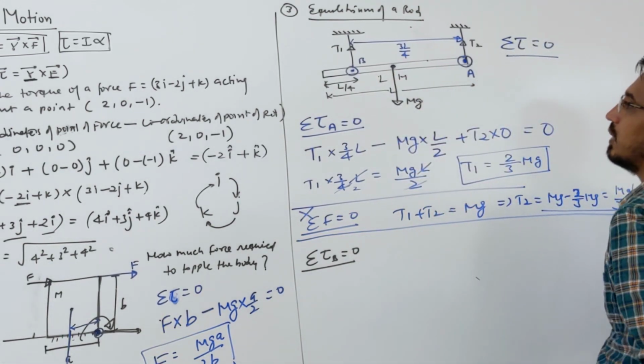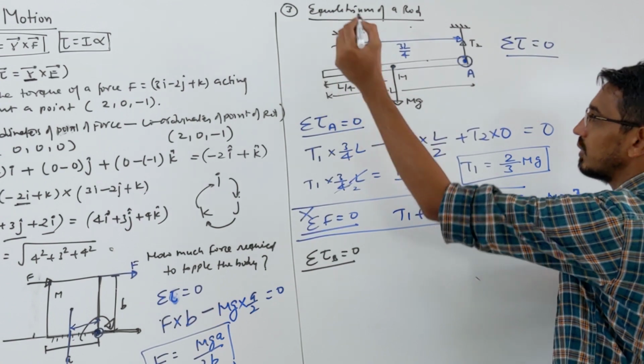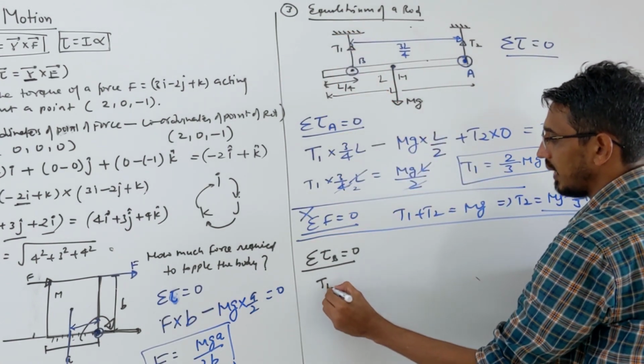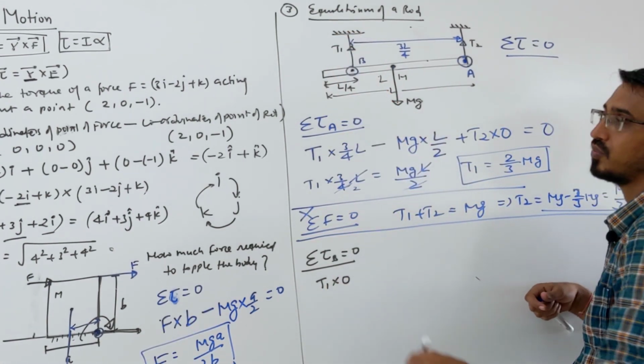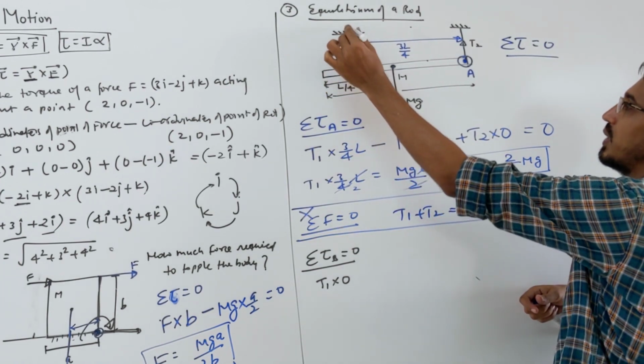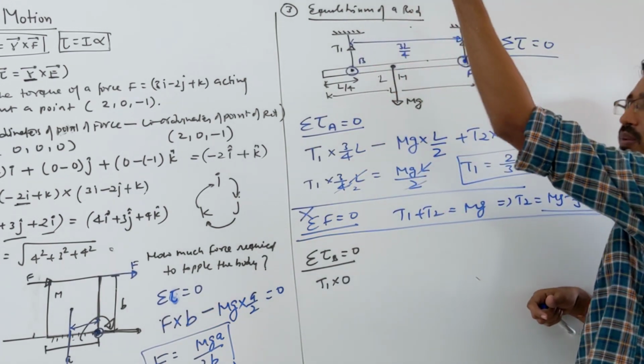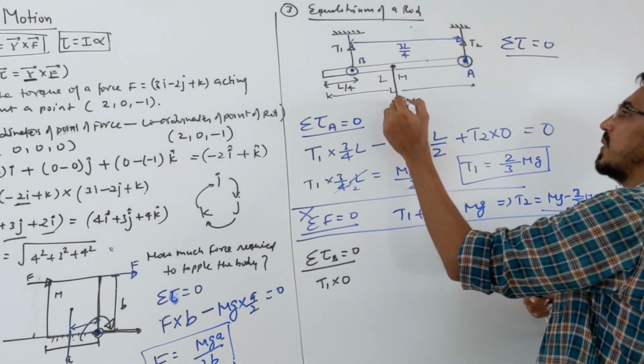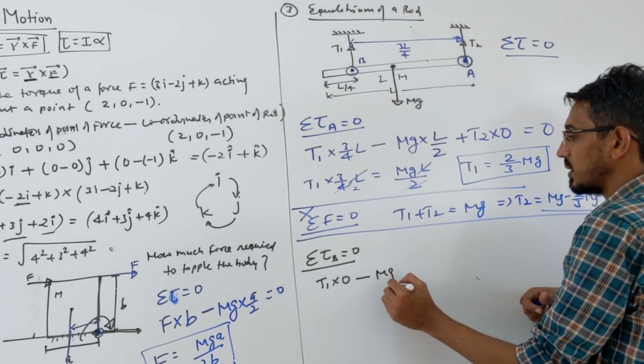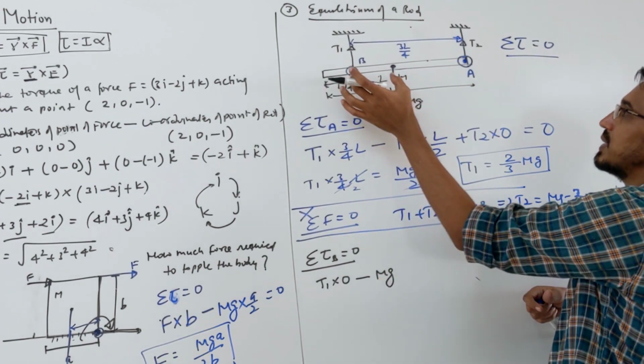So let's do it. At this point, first T1 itself: T1 into distance becomes 0, since we are talking about rotation about that point. Upward I am calling positive, downward negative. Then this is mg, so we write minus because it is in the opposite direction, downward, into distance. What is that distance?